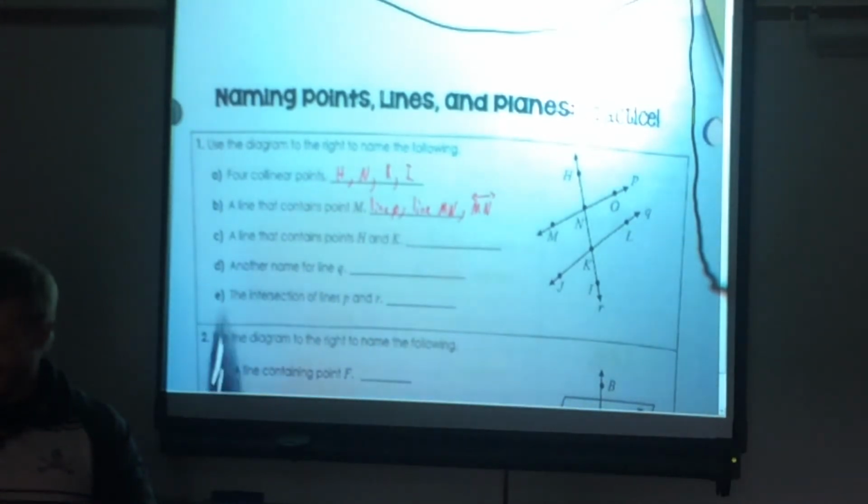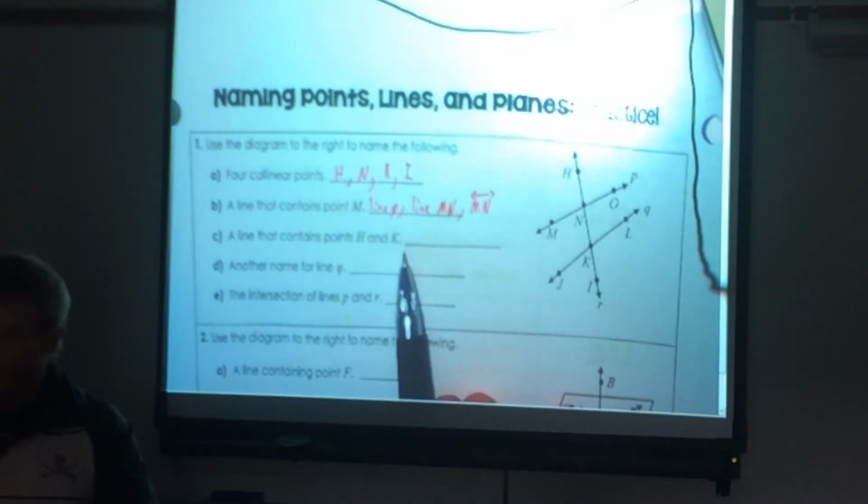And so basically the next one, C, is the same. It says name a line that contains points H and K. Honestly, you could have done this one without even looking at the graph because you have to have 2 points to name a line, right?